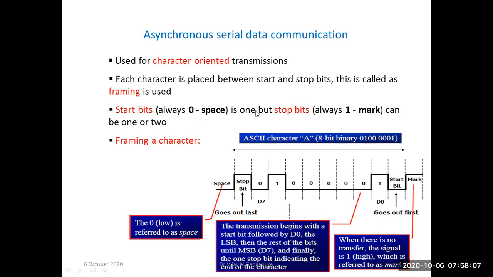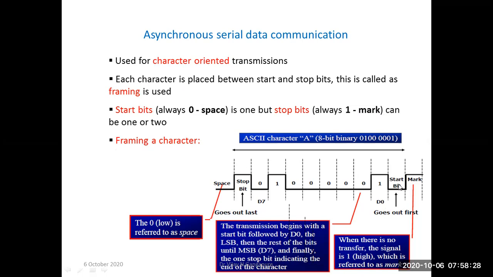Start bit is always 0, and stop bits can be 1 or 2. Now, how is this framing of a character, that is to be transmitted serially by using the asynchronous method of serial communication, done?